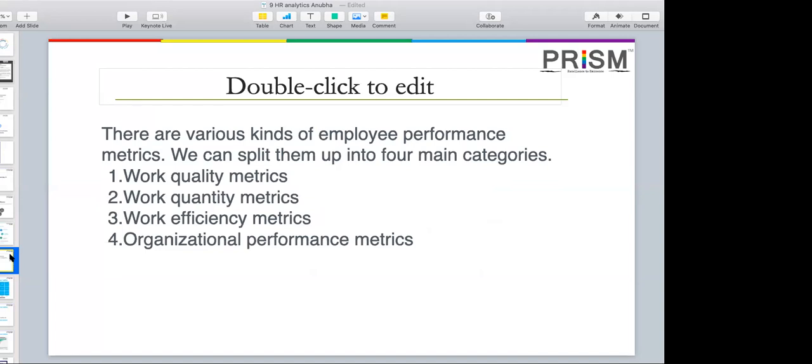Implementing them in the right way could be tricky, but when done right, employee performance metrics benefit both the organization and the employees too. I have listed them in four main categories. Let's take them one by one. We'll start with the work quality metrics, then quantitative metrics, efficiency metrics, and organizational performance metrics.